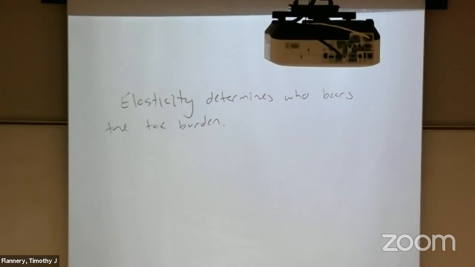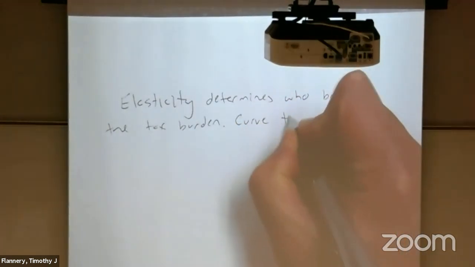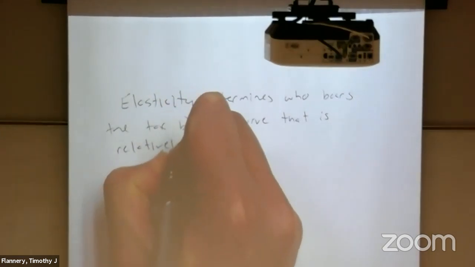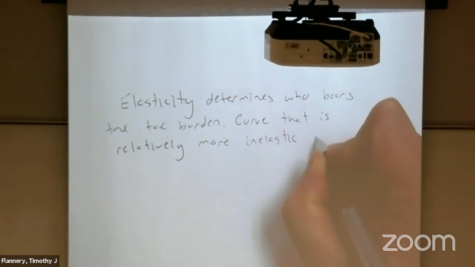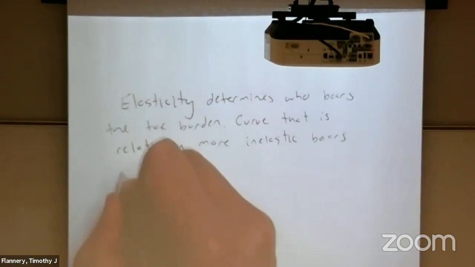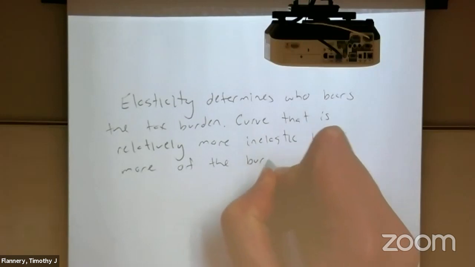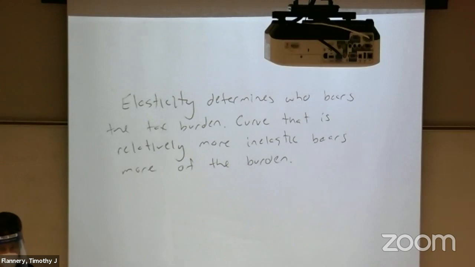And it turns out the more inelastic curve, the curve that's relatively more inelastic, bears more of the burden. And I put that word relatively as important because they could both be elastic or both be inelastic, right? So whichever one is more inelastic, if they're both inelastic, is going to bear more of the burden.